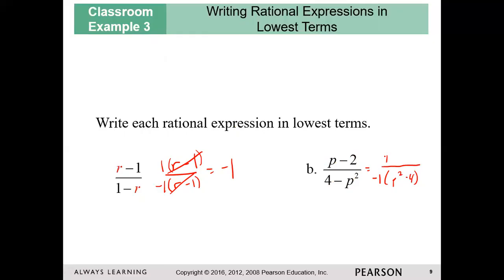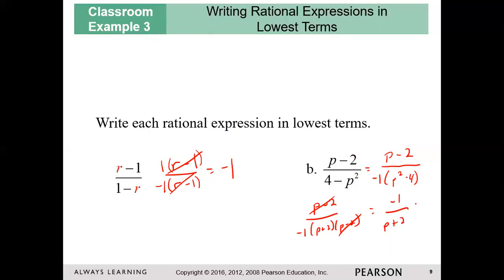And then this is just p minus 2 up top. Now you have a difference of squares down here, which we'll be able to cancel with that. So let's finish this one up. We've got negative 1, p plus 2, p minus 2, and the p minus 2's will cancel. And that leaves you with negative 1 over p plus 2.